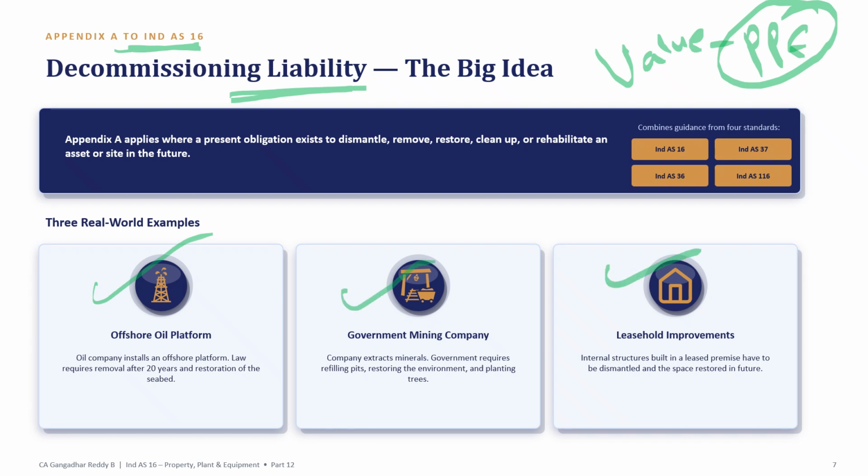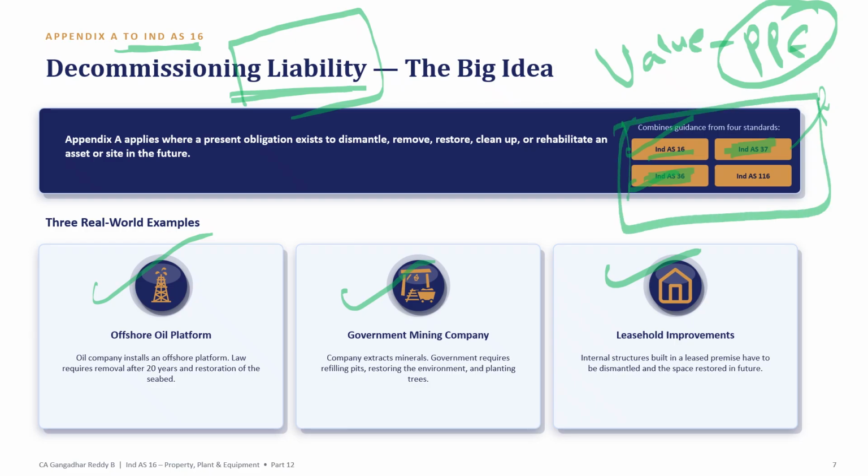So they have introduced Appendix A in IND AS 16 and IND AS 36 also, because if it is any intangible asset, and also IND AS 37, this is regarding recognition of the provision, because the liability is creating the provision. All these standards combined, and IND AS 116 if you lease, cover this idea of decommissioning liability and how you treat it.